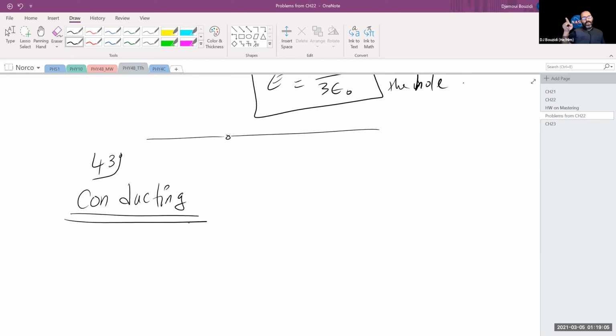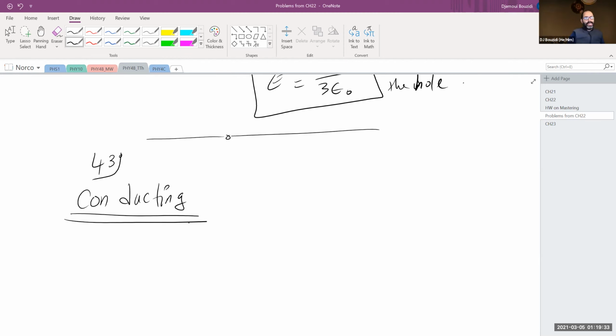So this is not the insulating where we had problem 52 or even problem 53. Problem 53 starts with an insulating one, and the other has a spherical symmetry distribution, which implies an insulating material because it tells you the distribution was uniform. It has to be an insulating because if it's not, it cannot be uniform.